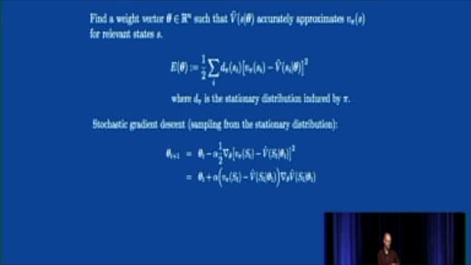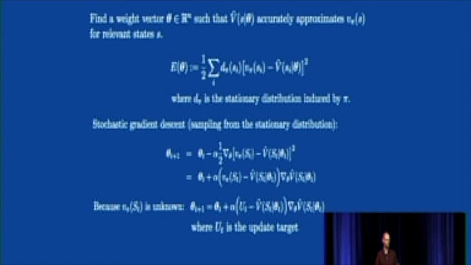Now, you see that in this update rule, phi pi is still part of that update. And in our case, we don't know phi pi, because that's the value that we want to estimate from samples. So in reinforcement learning, you're going to replace that phi pi with an update target, ut, which gives us the following update rule. And this is one of the most general update rules used in reinforcement learning.